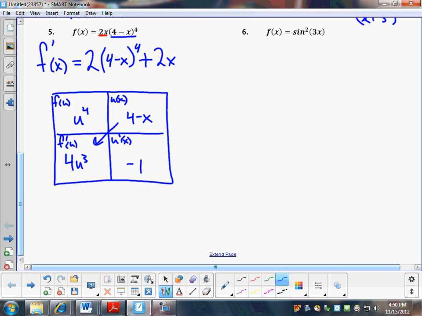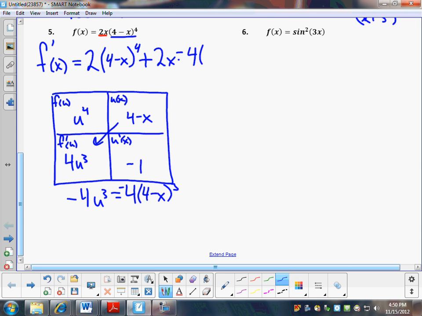Arrow says we put it back in. Multiply those together, we have negative 4u to the 3rd, but obviously the arrow tells us to plug everything back in. We have 4 times 4 minus x to the 3rd power, and remember it's negative. So that's my derivative for that part.